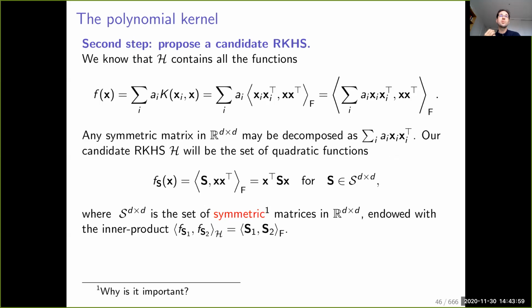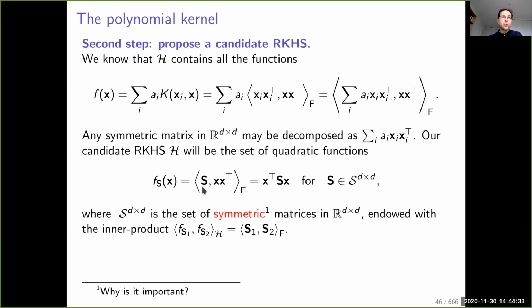If you are not convinced by that, you can check in your linear algebra classes the part about eigenvalue decompositions. It will give you this sort of decomposition. So that's good news because it means that at least we know that the RKHS H contains all of the functions of the form f of x that can be written as an inner product between S and x x transpose, for any symmetric matrix S.